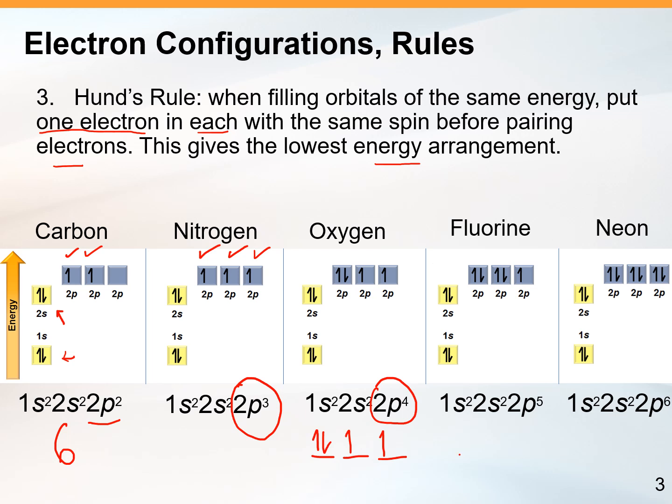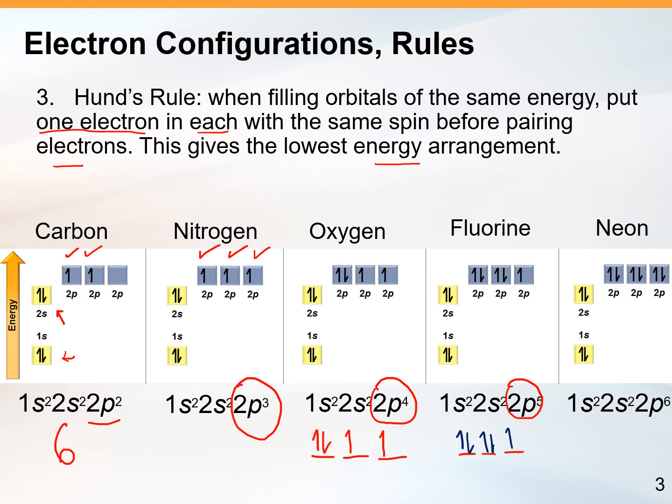For fluorine, it's 9 electrons total, but 5 of them being in the 2p subshell will be placed one by one before pairing. Only when you run out of orbitals do you start pairing.